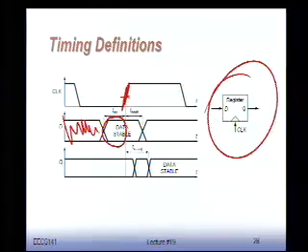So it's a good idea, in general, to keep the data stable a little bit after the clock event as well. Actually, for a lot of designs, it's almost a necessity. This is called the hold time. You have to set the data up first, take some time, apply a clock edge, and then hold the data stable for a particular period of time, which is the hold time, and then you can start changing it again.